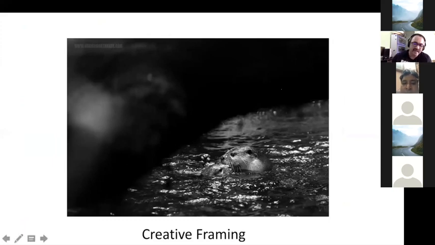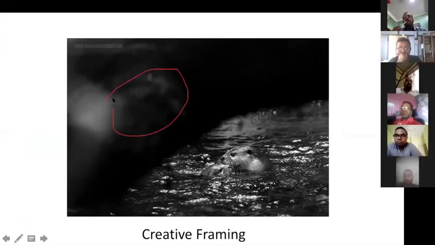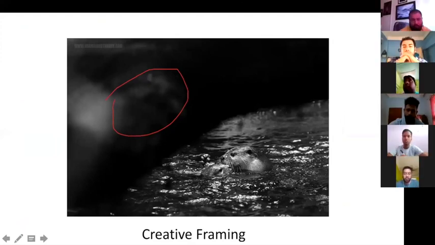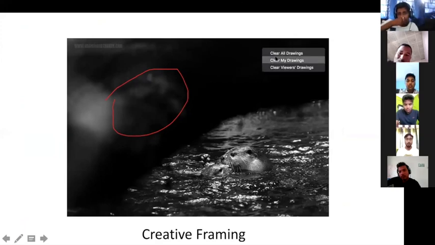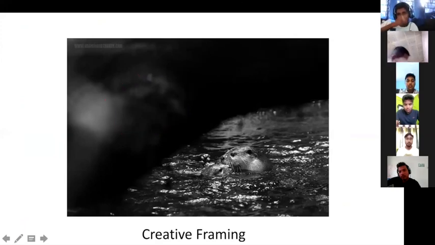I had absolutely no way of avoiding this particular subject, which is a falling tree trunk. I was looking underneath that gap to those otters. The only way was not to try to avoid it, and to use it to your advantage.